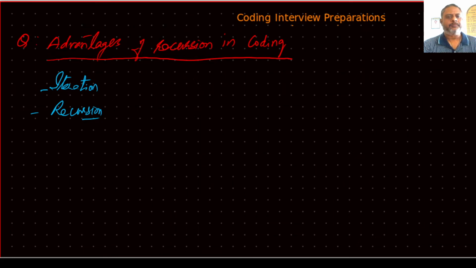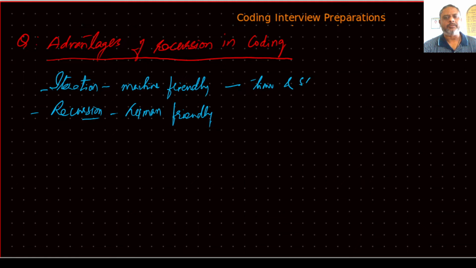So iteration usually is machine friendly, whereas recursion is human friendly. So what do you understand by this? The time and space requirements are least here, whereas here the time and space requirements will be higher.